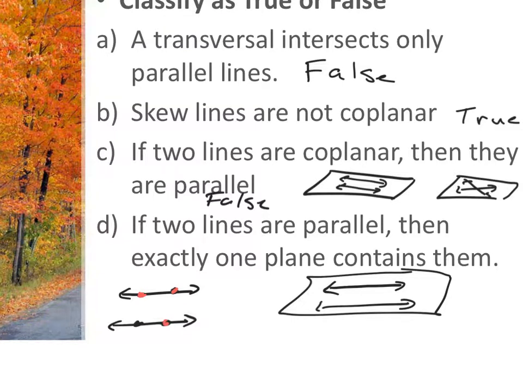But what if I put them like this? Well, that sure is on a plane too. It's just a different plane that goes like this. So there's always a plane that contains two parallel lines. It just may not be the plane that you think it is. So that plane always exists, three non-collinear points.